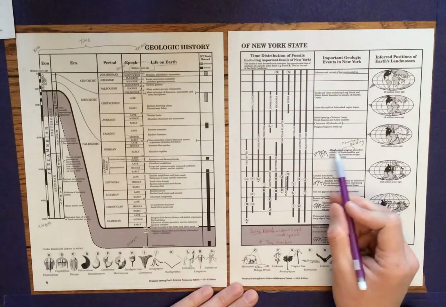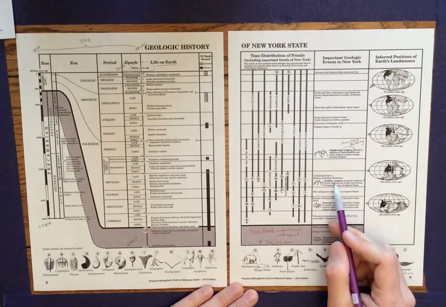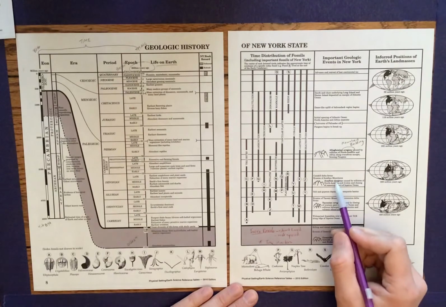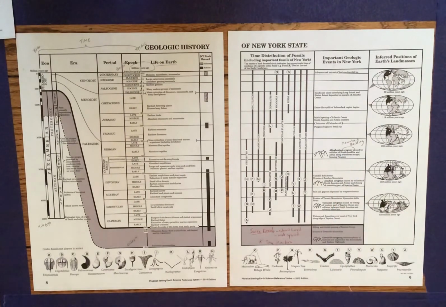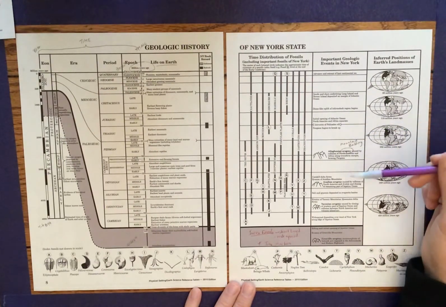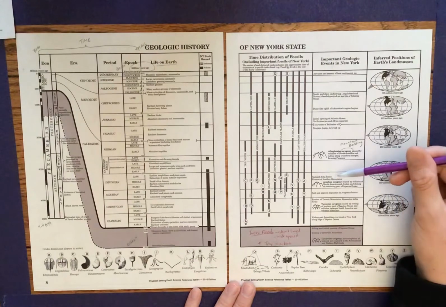That's when we created the Allegheny Plateau. Acadian, Taconian, and then here you have the Grenville. So there are 4 different orogenies that you should know of. You should remember this is when Pangea broke up. This is when the Catskill Delta formed.